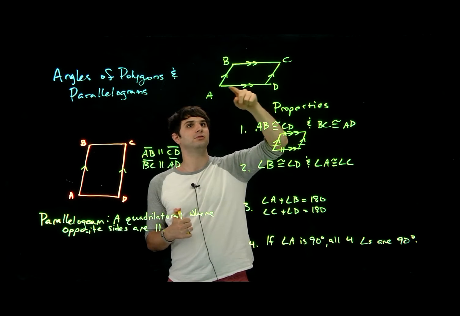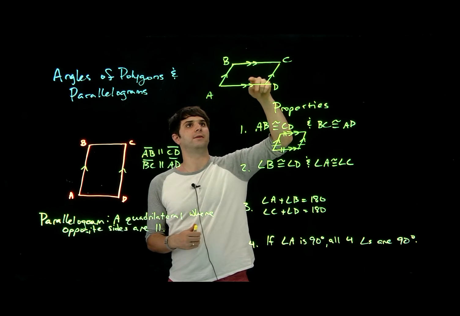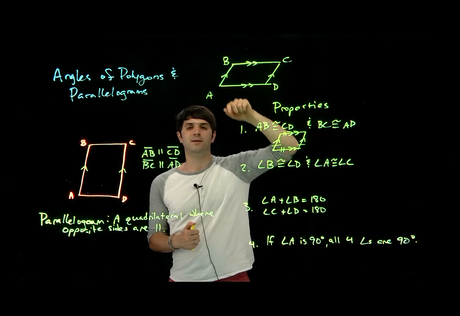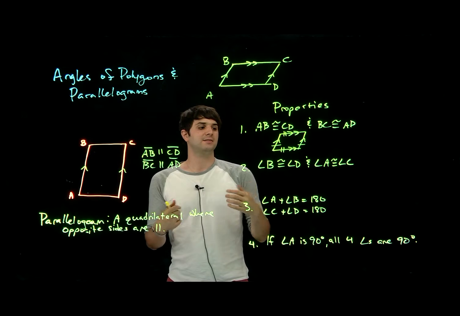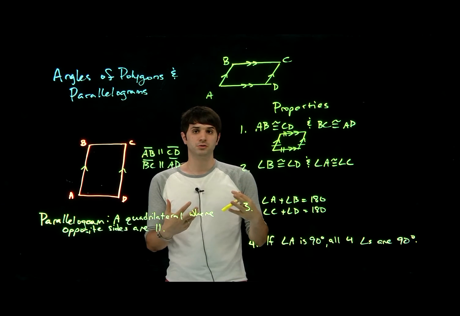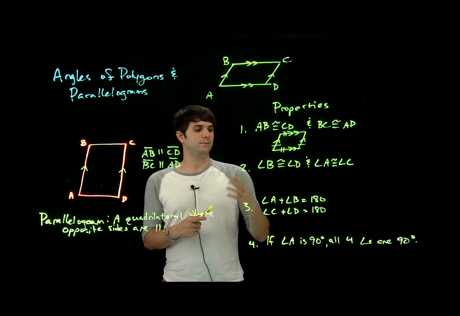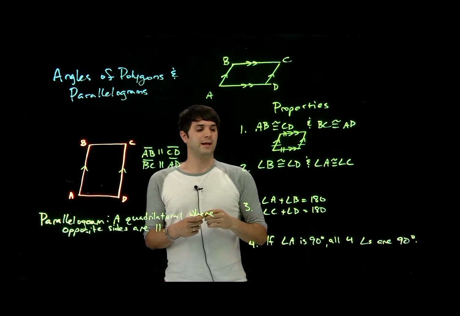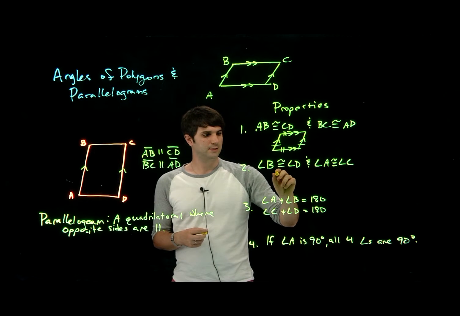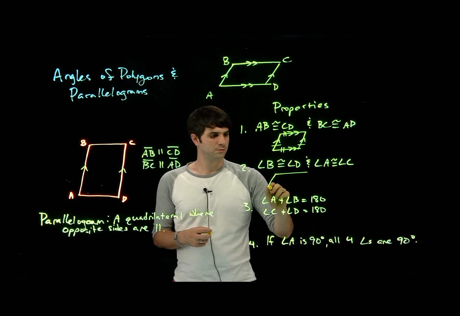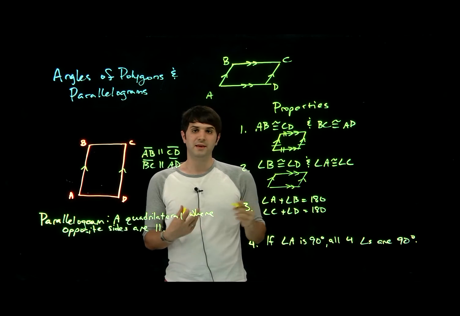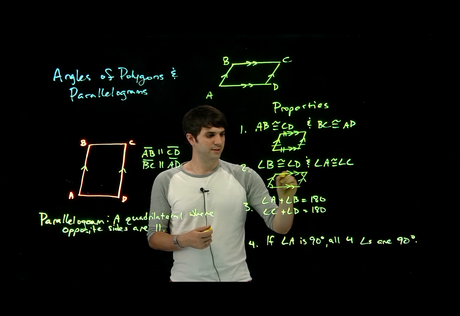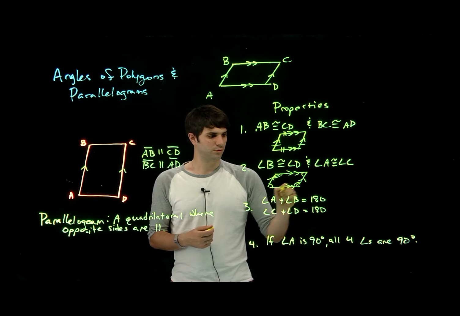So these triangles, ACD and CBA, would be congruent by SSS. So if those are congruent, then we know that the corresponding angles are congruent. So what that looks like is, if these are parallel, then that implies that these are going to be congruent.